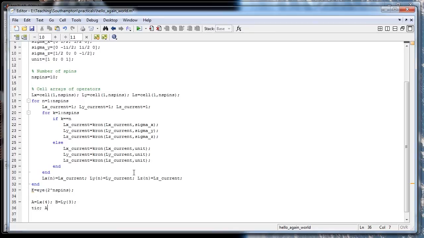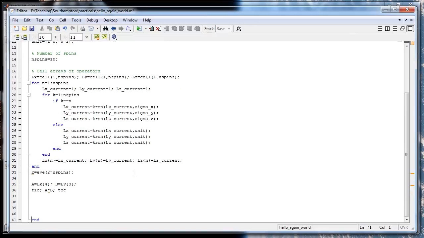Tick A times B, tock. And let's now send them to the GPU and do that again. So A will be gpuArray A. This sends the matrix to the graphics card. And B will be gpuArray B. And we'll now multiply them and see what happens.